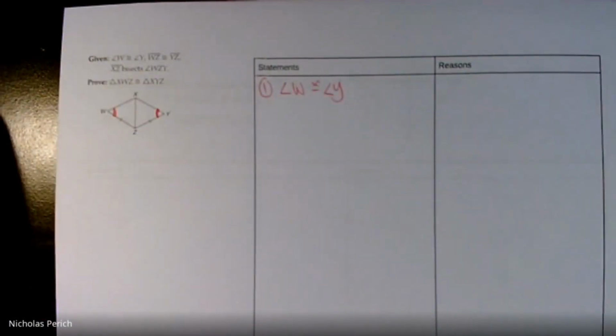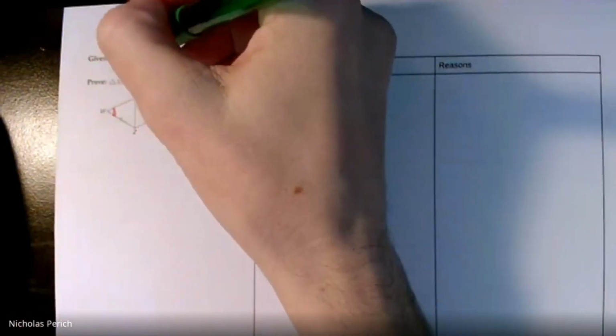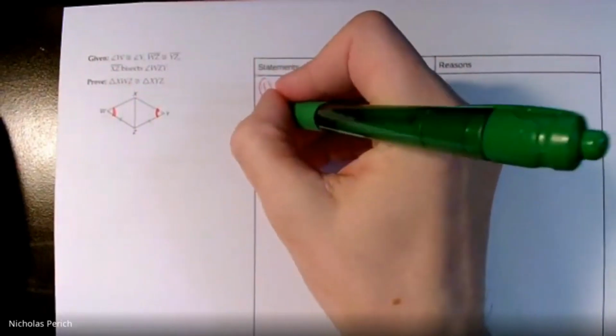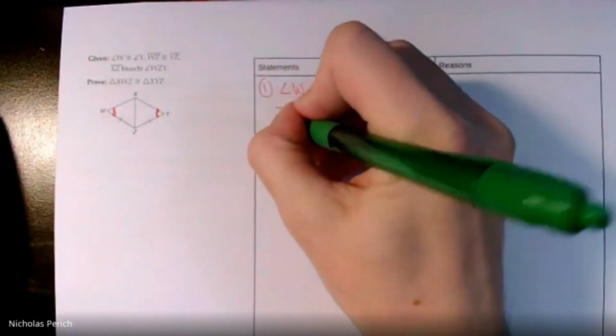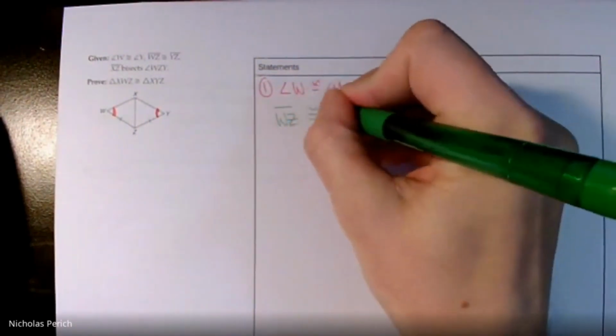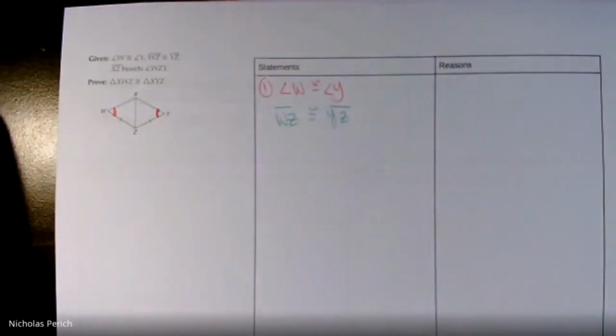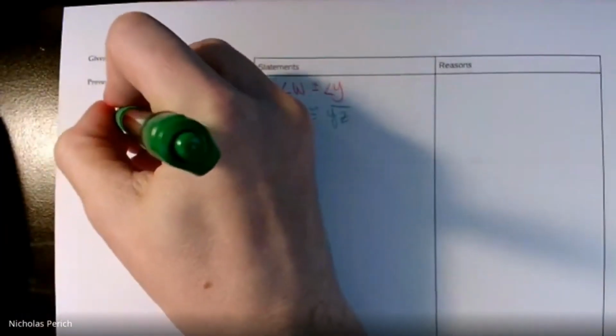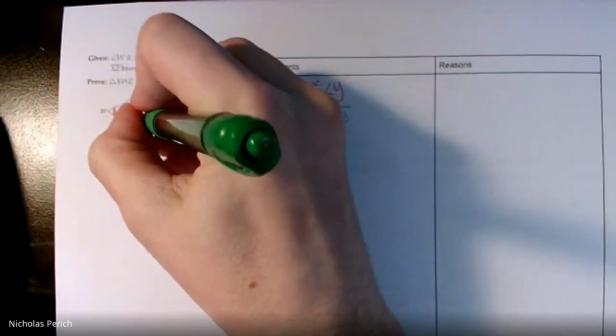Also, this says that WZ is congruent to YZ. So that's WZ right here is congruent to YZ.